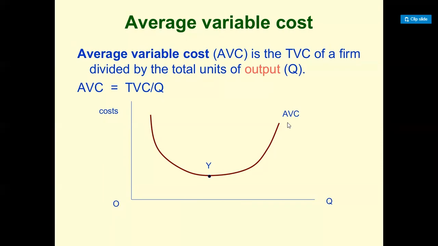The AVC curve is obtained by plotting the points, and the AVC shape is a U shape. The curve initially falls, remains constant for a while, and finally starts increasing. So here we got the AVC.